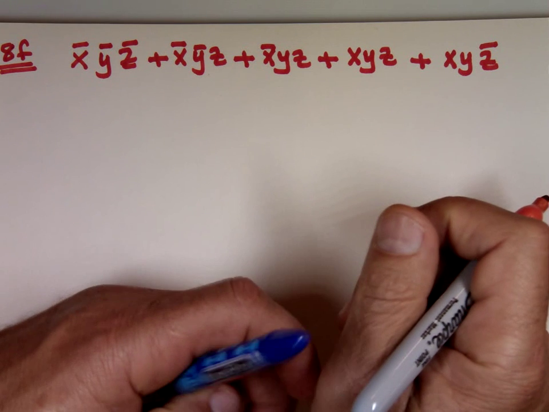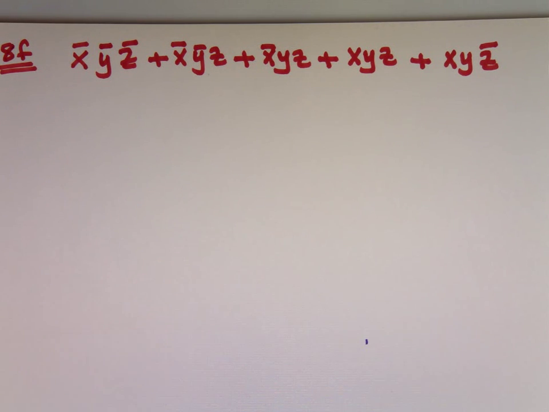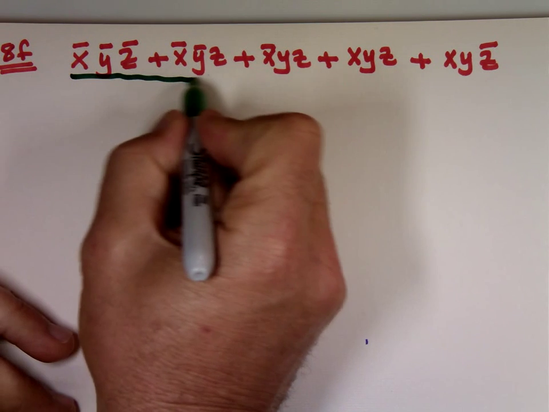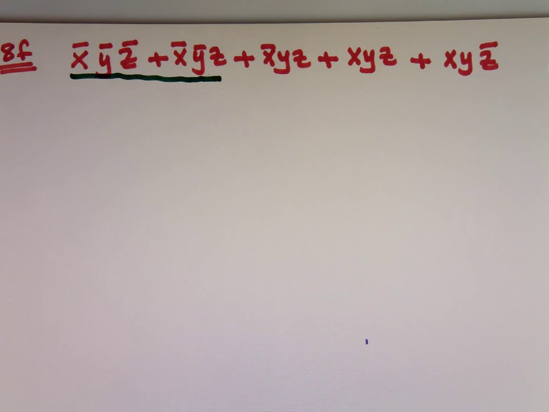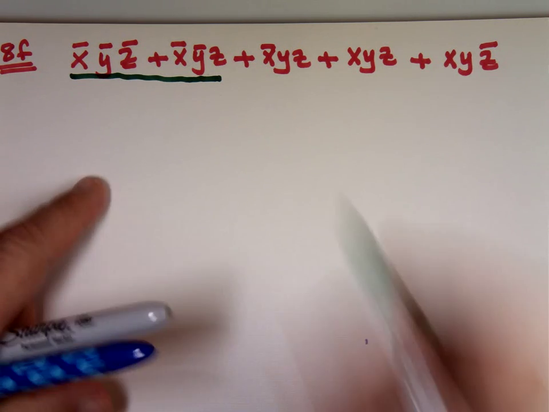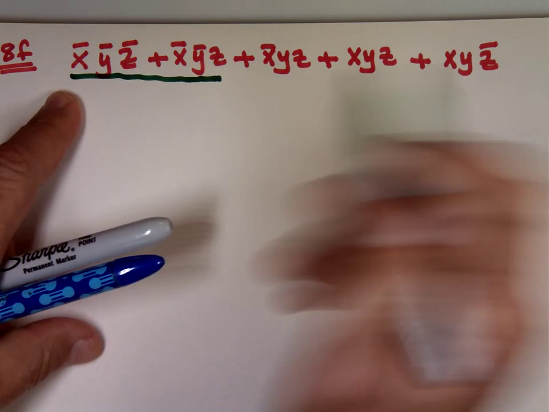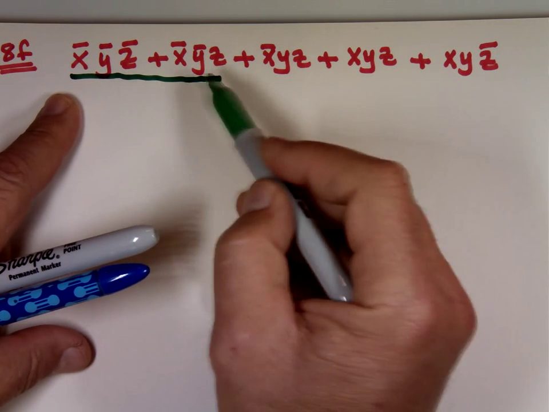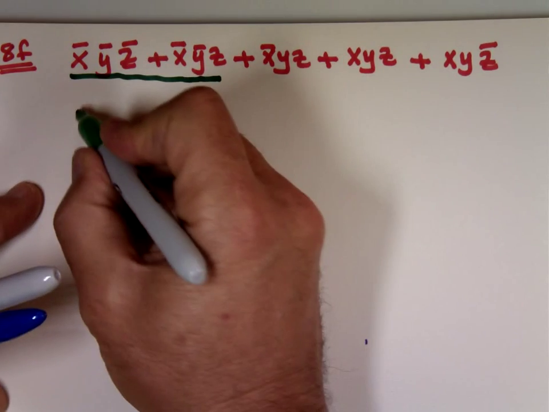The first thing that grabbed my eyes when I was looking at it were these two. I can look at them and say, what do they have in common? X bar, Y bar.